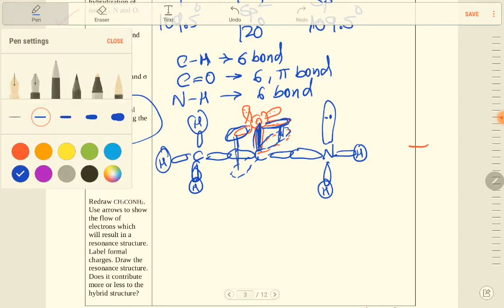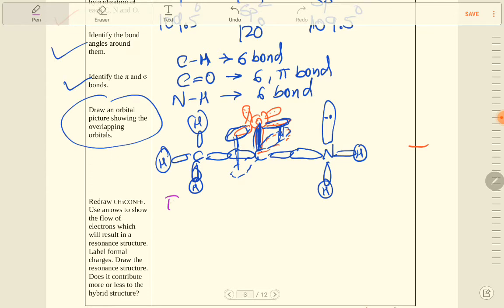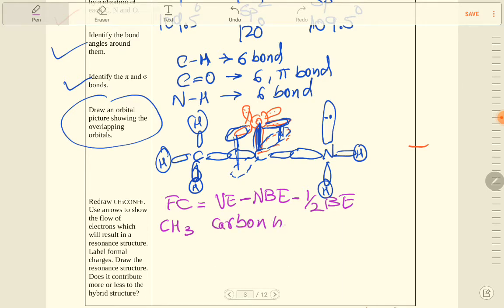Now when we talk about formal charge, we need this formula: valence electrons minus number of nonbonding electrons minus 1/2 bonding electrons. So we have CH3. When we plug in for the carbon in CH3, carbon has 0 formal charge according to this formula.